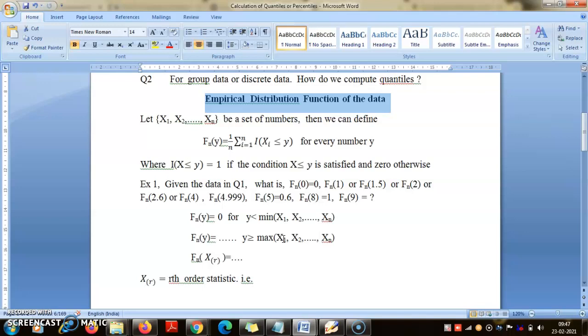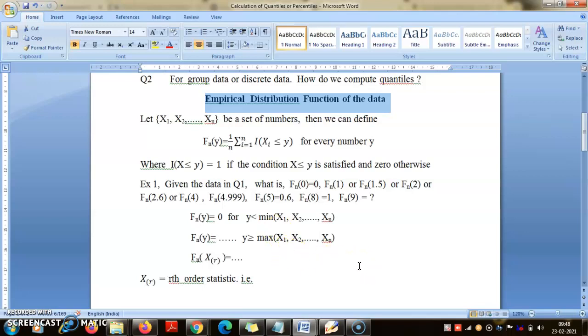This will be the same up to the third order statistic. At the third order statistic it will climb the third step, then it will be 3 by n, and so on, and at the maximum it will climb the final step, it will attain 1. So from left to right the graph looks like a staircase, with n steps, each step of height 1 by n. So this will be the plot of the Fn(y).